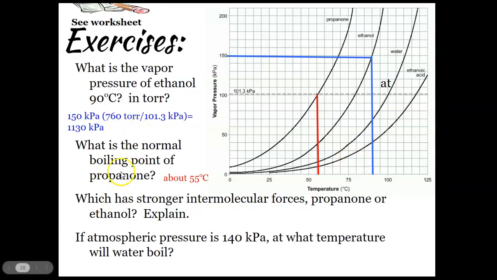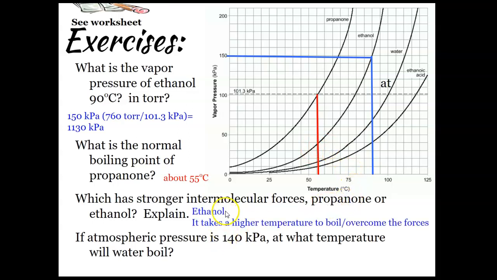Pretty cool. All right, which has stronger intermolecular forces, propanone or ethanol? And why? Well, looking at this, remember, as you go up, the one that is lower down has the stronger force. So ethanol, because it takes a higher temperature to boil to overcome those forces. So look at this.